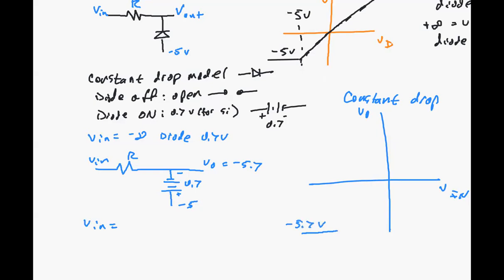When Vin is plus infinity, it's open again, and we have this circuit like that. So plus infinity means we're out here, and we get a transfer characteristic that looks like that.